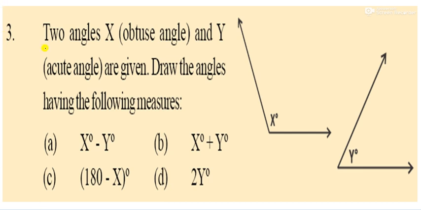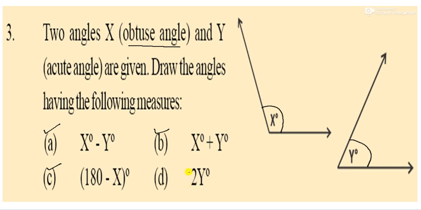Yes, question number 3. Two angles x and y, where x is an obtuse angle, this one is given as angle x, and an acute angle, that is the angle y. So that y angle is your acute angle. So draw the angles having the following measurements. So first, x minus y, second one is x plus y, third one is 180 minus x, and last one is 2y degree.